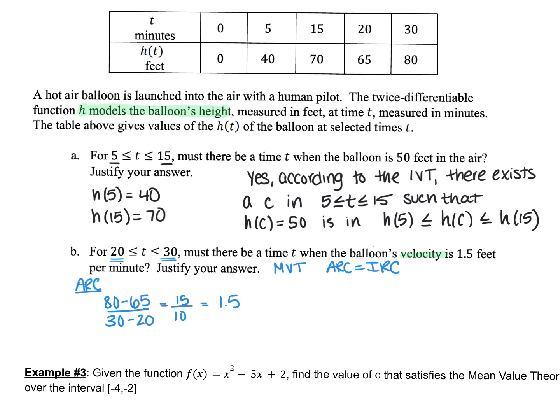So my average rate of change is equal to 1.5. Is there going to be a time when the velocity is equal to 1.5? Yes, because in order for the mean value theorem to work, the average rate of change has to equal the instantaneous rate of change, and velocity is the derivative. Derivative means instantaneous rate of change.